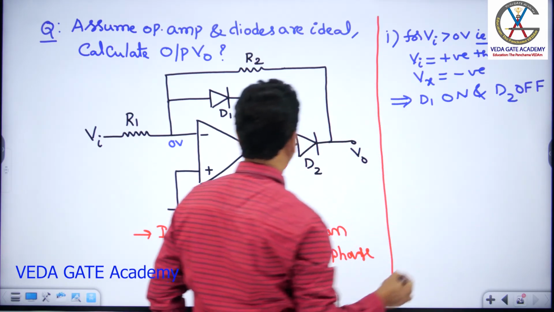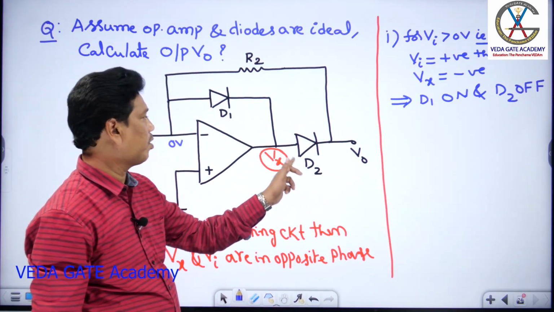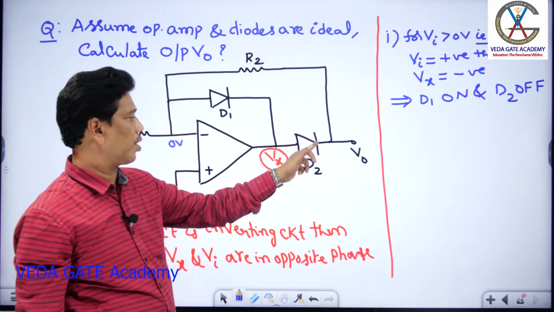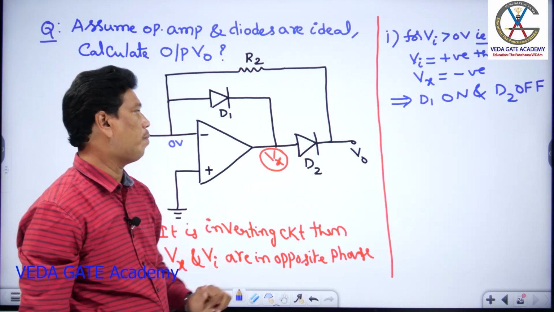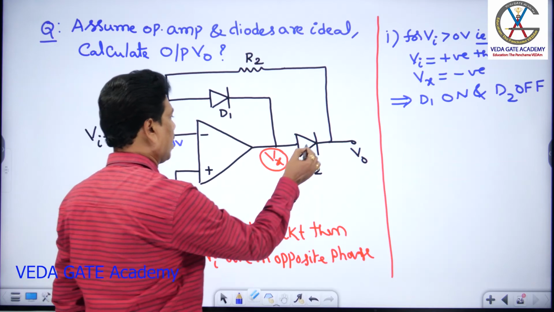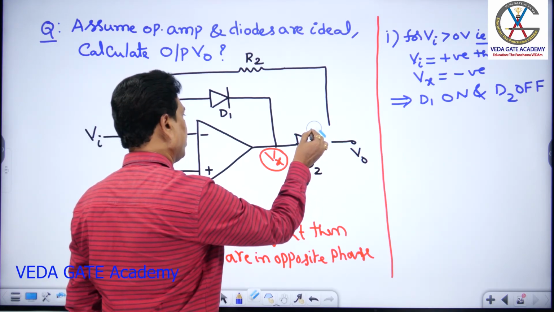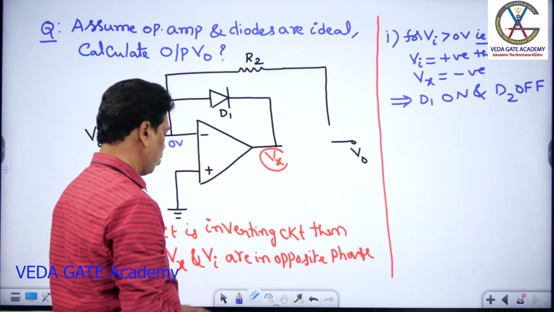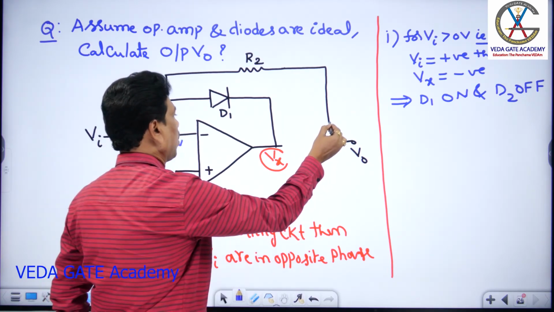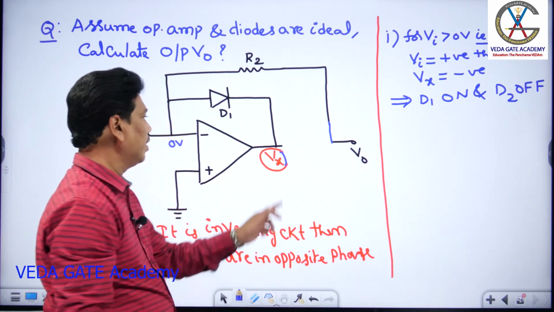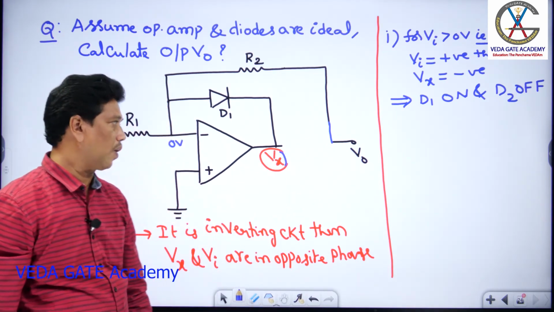So in this circuit, I can maintain D2 as an open circuit. If I keep D2 as open like this, then the output node is open, such that the output is not possible to calculate here.